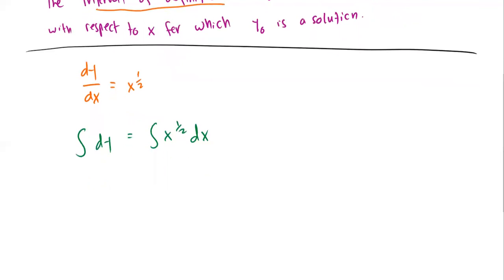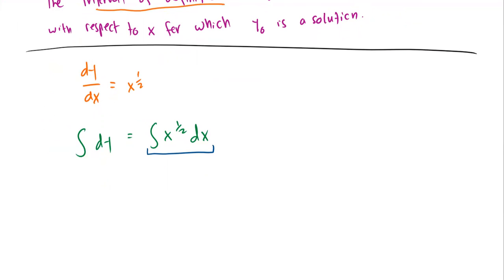Now, just integrate both sides. However, notice that when we integrate, there is some restriction. The function x to the 1/2 is only integrable on whatever interval it is continuous.